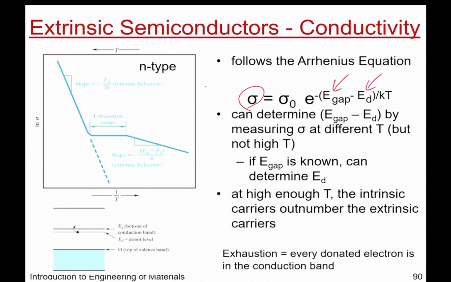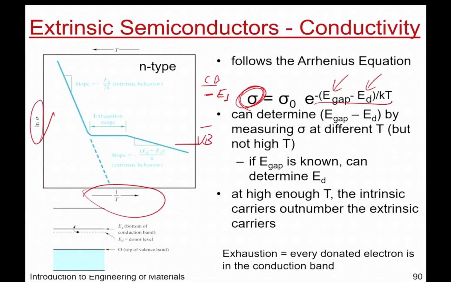Before we had a conduction band and valence band, and now we have a new donor state with some energy level, E_D. The exponential of the negative of that difference divided by kT is related to your conductivity. So if you plot the natural log of conductivity as a function of inverse temperature, you see something slightly different than for an intrinsic semiconductor.